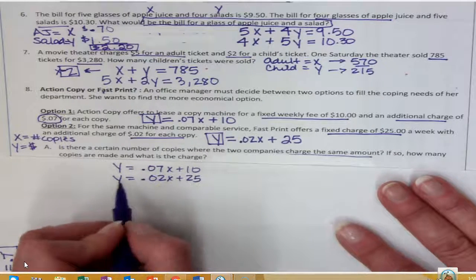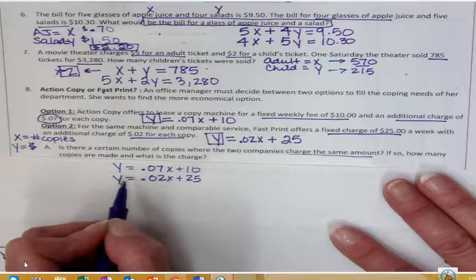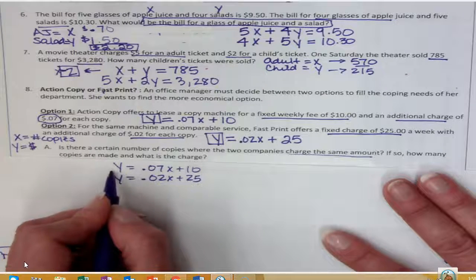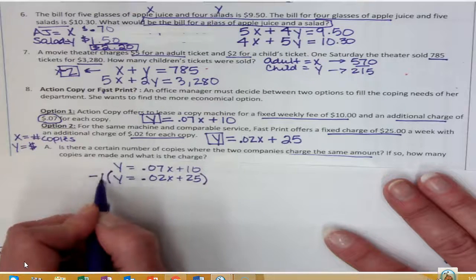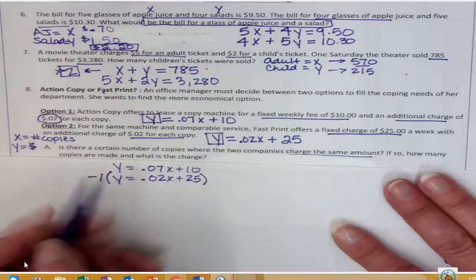So we can multiply everything by -1, because we have the same coefficient in front of our y, and eliminate our y.